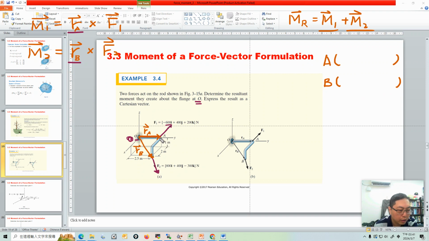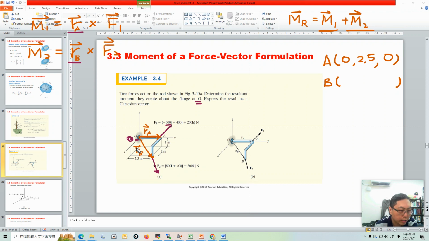Be careful with the XYZ axes. X is here, Y is here, Z is here. At point A, X is 0, Y looks like 2.5, and Z is 0.